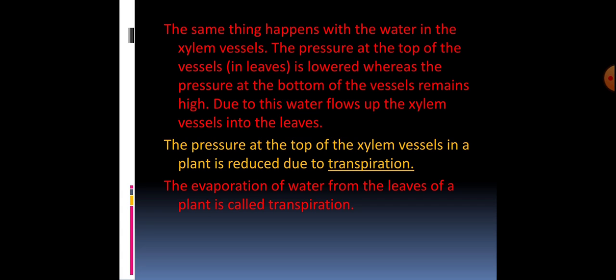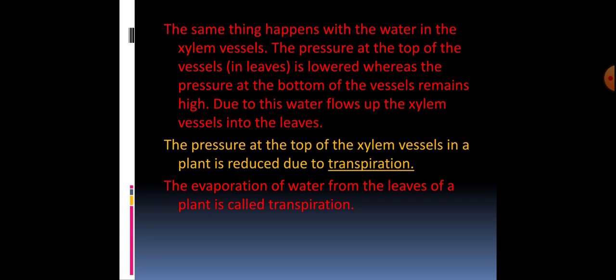Due to this pressure difference, the water moves up from lower to higher, from bottom to leaves, from roots to leaves. Students, the pressure at the top of the xylem vessel in a plant is reduced due to transpiration.